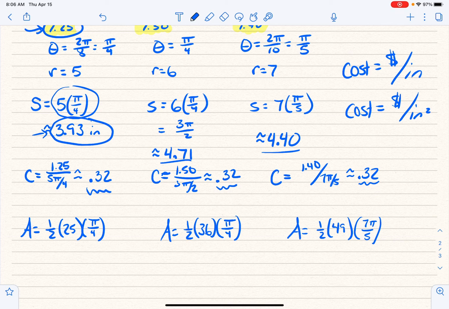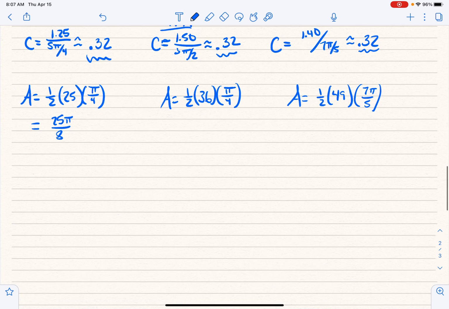Okay. And then let's find some approximation, or maybe before I find the approximation, let's just simplify that at least. Let's see, you'd have 25 pi over 8. Okay, for this next one, you would have 36 pi over 8, which reduces to 18 pi over 4, or 9 pi over 2.